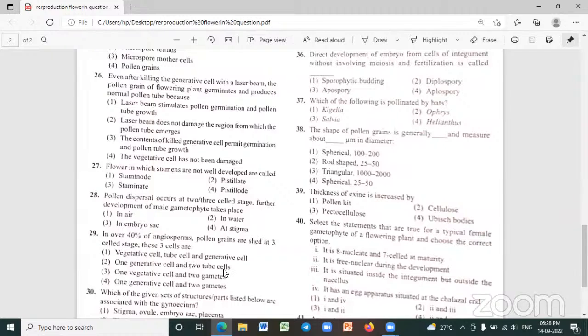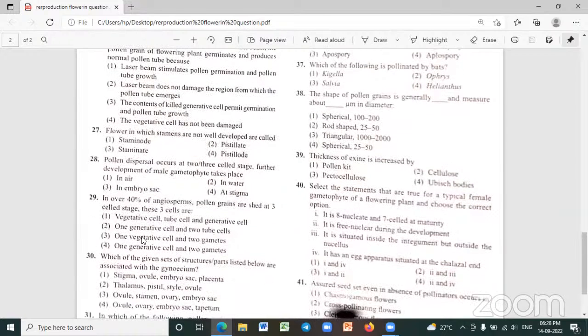Is 2 tube cells possible? No. One vegetative cell and 2 gametes, sir. Very good, this is the correct one. We have discussed the 1 vegetative cell and 2 gametes many times.